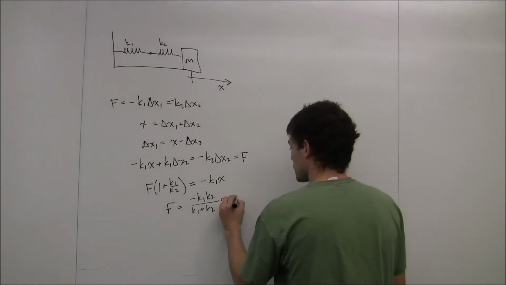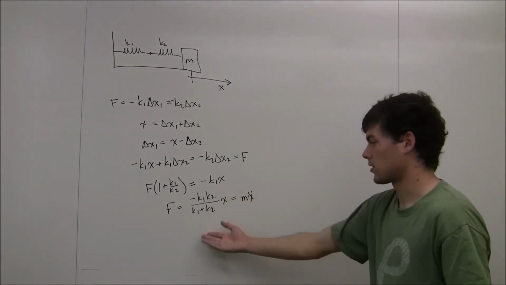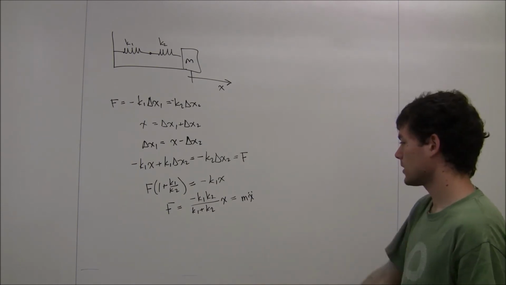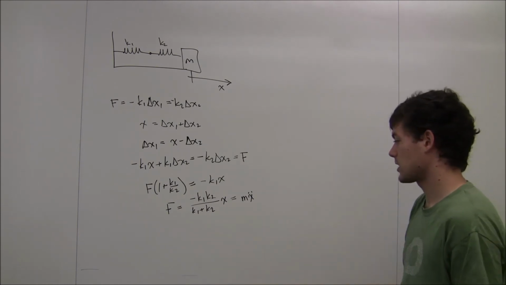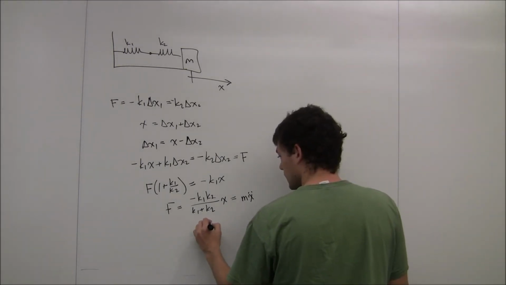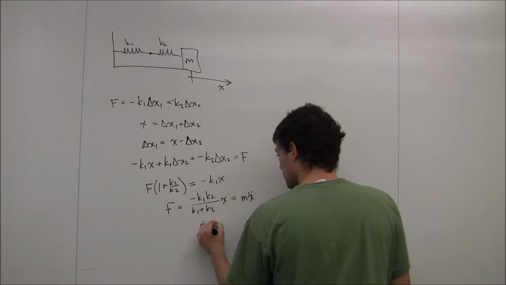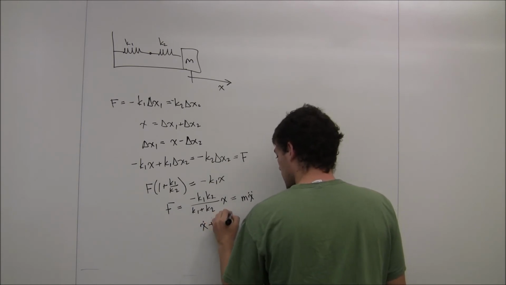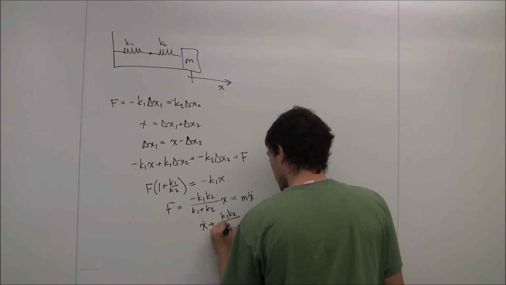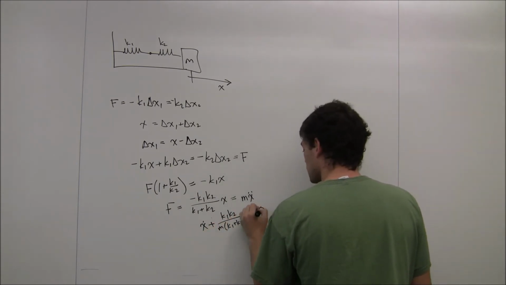So this, as we know, is also equal to m times x double dot, just our normal F equals ma equation. And so then we can rearrange this to get our harmonic motion equation. We get x double dot plus k1 k2 over m times (k1 plus k2), times x, equals 0.